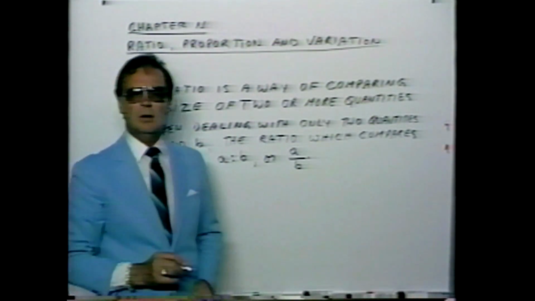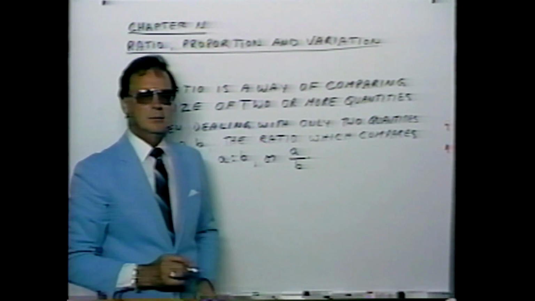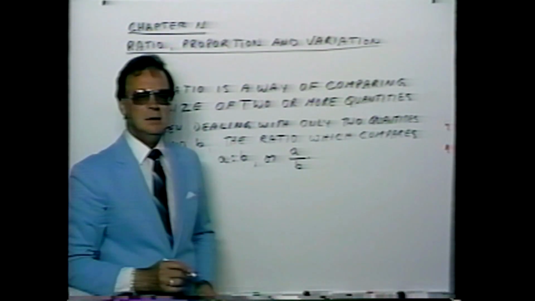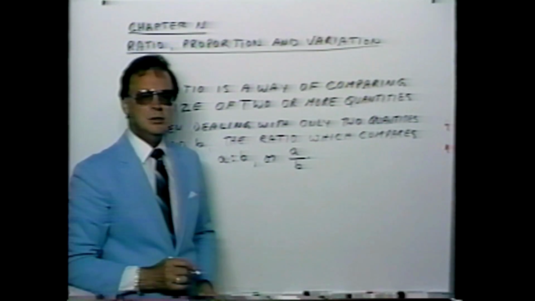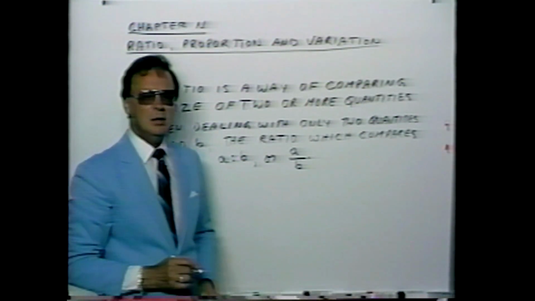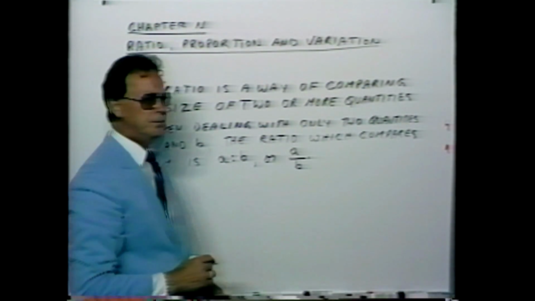If three or more quantities are compared, for example A, B, and C, then the ratio is A is to B is to C, and it is called a continued ratio.